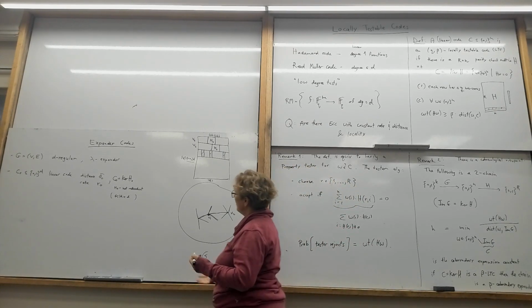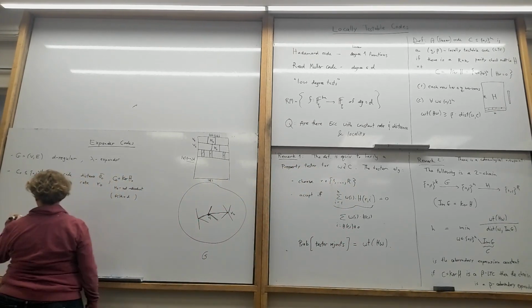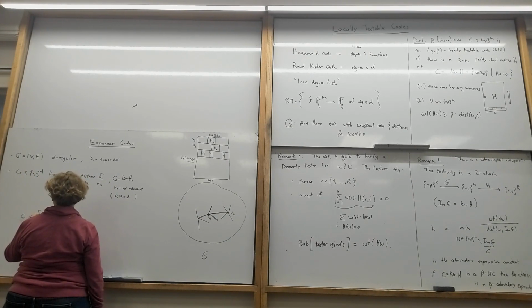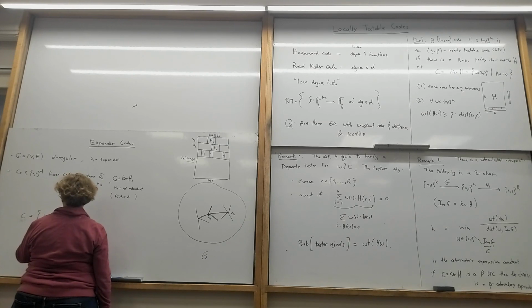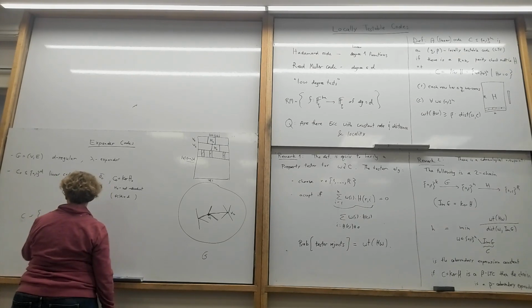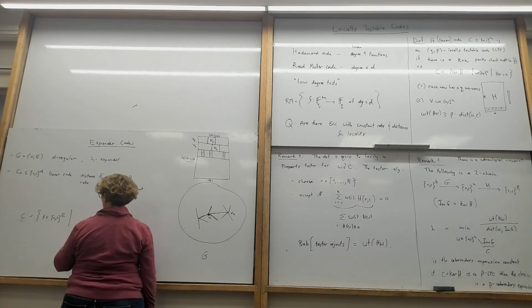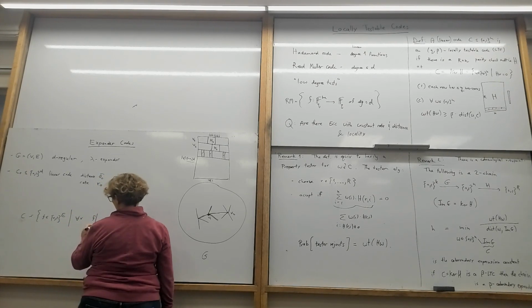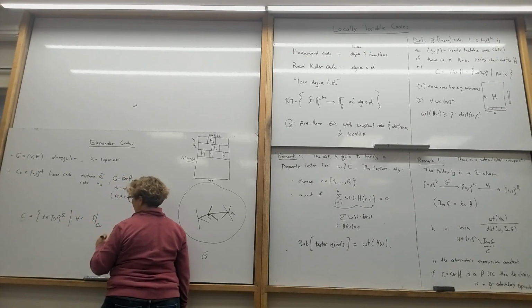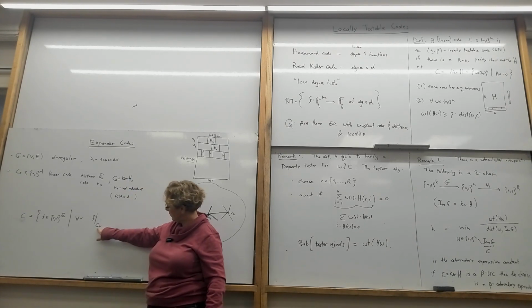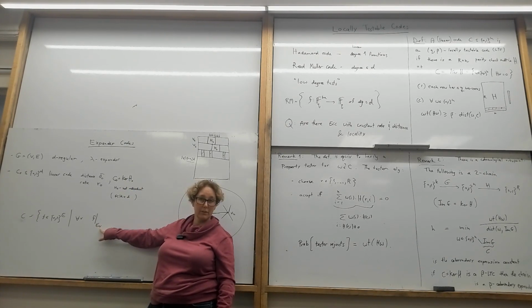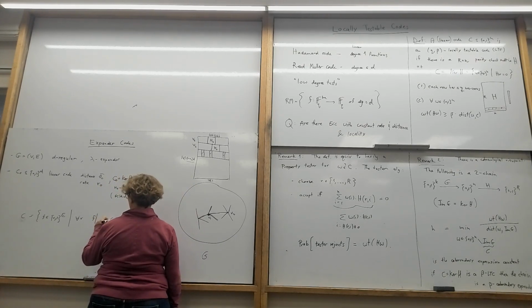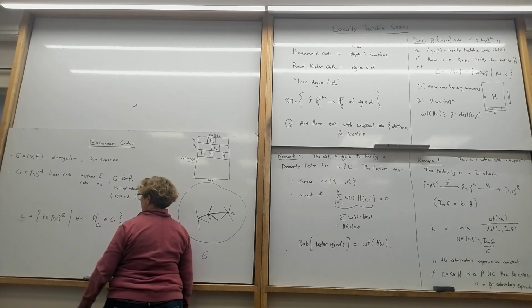And if you want a definition of the code that looks a bit nicer, you say it's just all functions on the edges, or one-chains, such that for every vertex, when you look at your function restricted to EV, the notation I'm using to denote all the edges that contain V, then what you see belongs to the code C0.